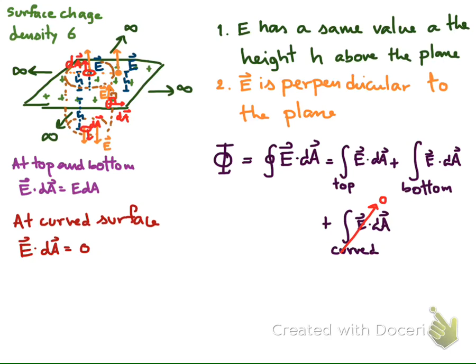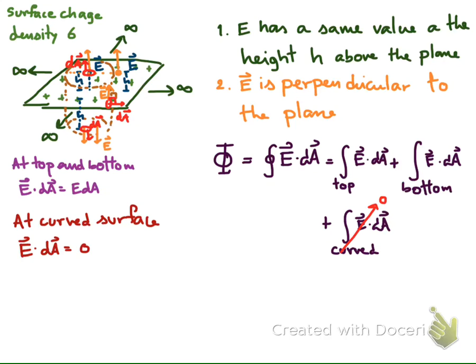Also, since the top and the bottom surface are at the same distance from the plane, we should expect that these two terms are equal, right? Because the area here at the bottom and at the top are the same.